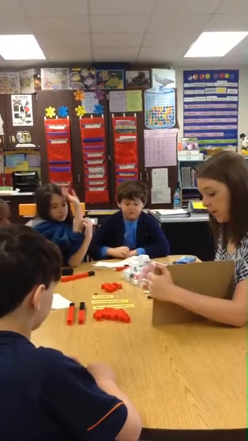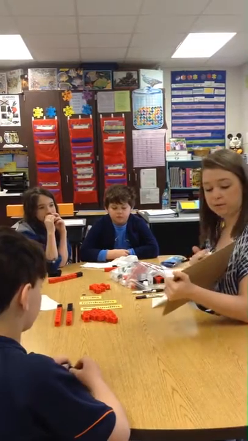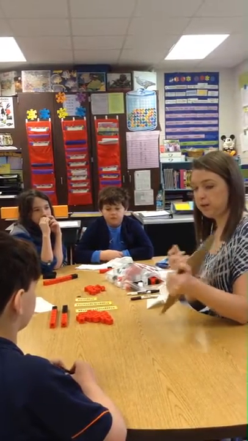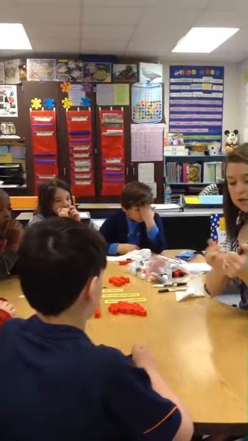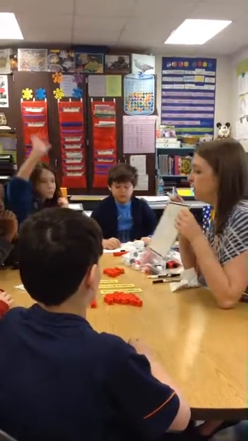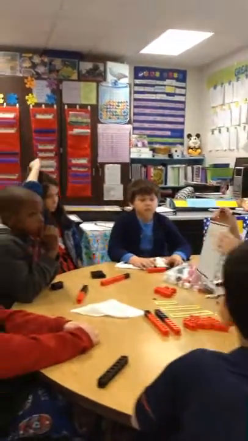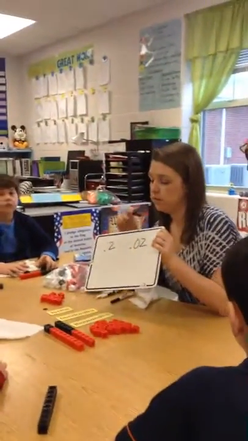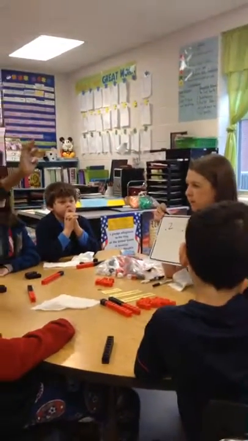But they're not always going to be in the same place, are they? Sometimes we might have one in the 10th place and one in the 100th place. This is a 2, and this is a 2. So, what are we going to do to figure out which one's bigger?